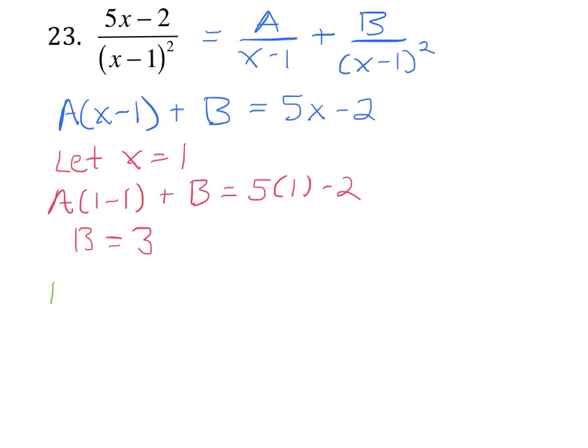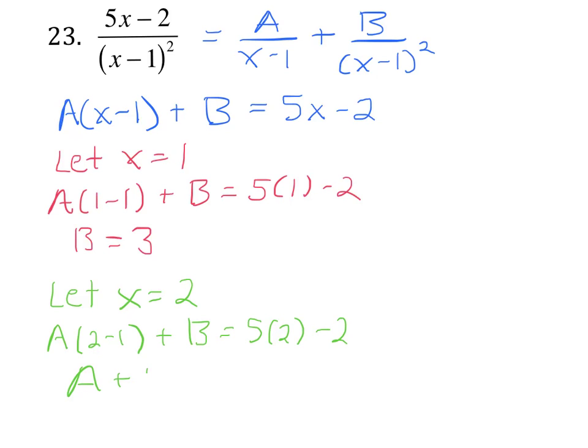So I'm just going to let x equal an easy number, like 2. So I get a times 2 minus 1 plus b equals 5 times 2 minus 2. So a plus b will equal 10 minus 2, which is 8.